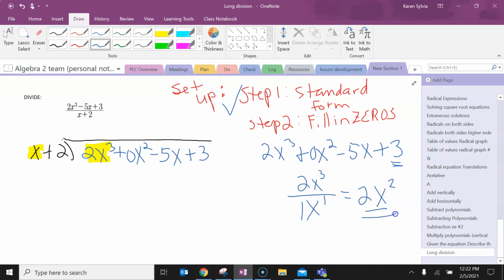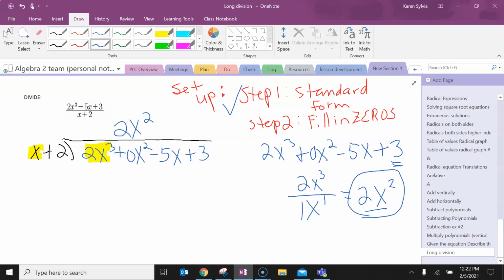So this right here is what's going to go up on top as part of my quotient. And we want to line it up on top of the x squared. So I have 2x squared for my first piece.